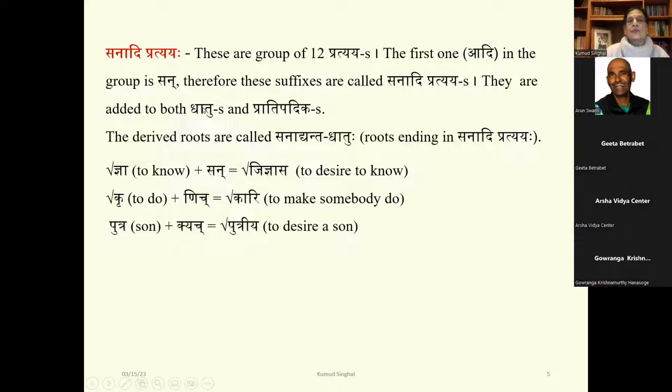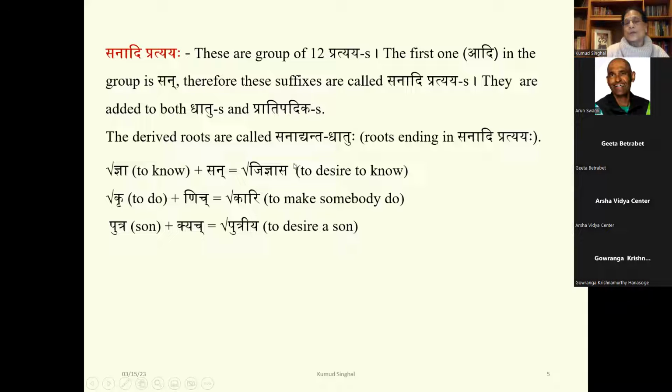They are added to both dhatus and pratipadikas. The derived roots are called Sanadyanta dhatus, roots ending in the Sanadi suffixes. So for example, if you take the root Gya, which means to know, and you add a Sanadi suffix San, then the resulting root is Jigyasa, a desire to know.